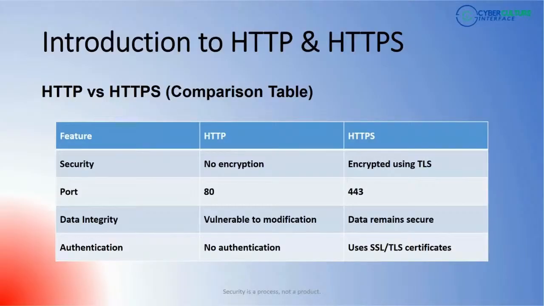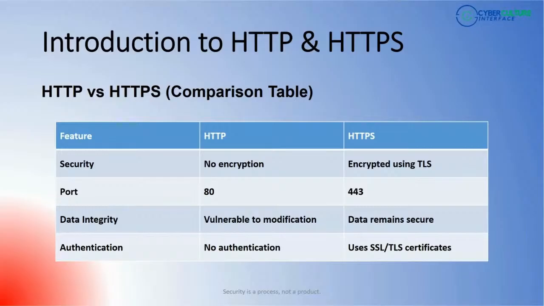So you need to get familiar with such things. Then data integrity: HTTP is vulnerable to modification, meanwhile HTTPS remains secure because, of course, it's encrypted, so you can't see it to modify the data.